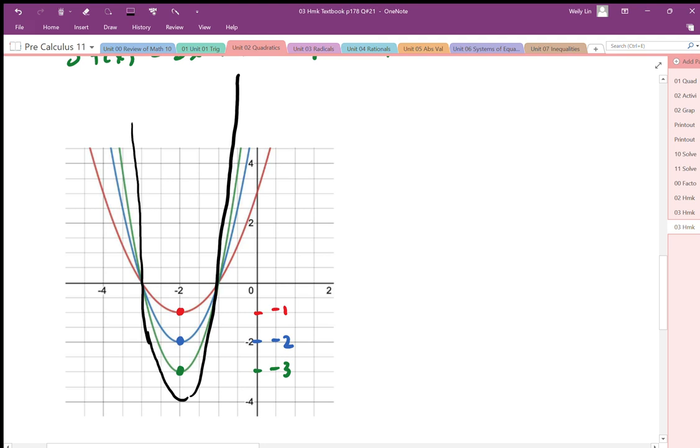When k is equal to 0.5, every coordinate is going to be compressed by 0.5, so we're going to end up having a parabola that looks kind of like this. So that's going to go through 1.5, maybe somewhere around here, something like that. So it's going to be the original red graph, but now it's going to be squeezed by a factor of 1/2.